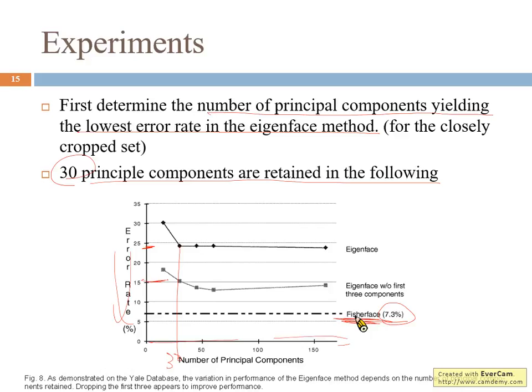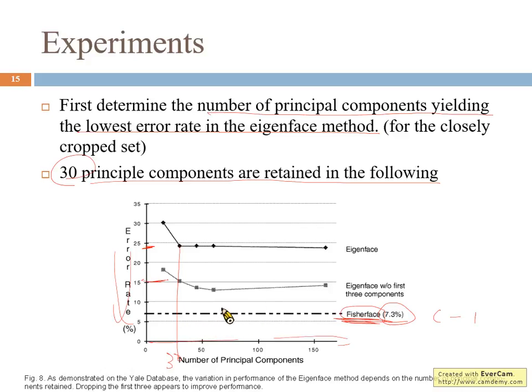And because of the Fisherface, we have a theoretical dimension. Theoretically we only have C-1 Fisherfaces. Therefore, we don't have to determine the best dimension of the projection space.